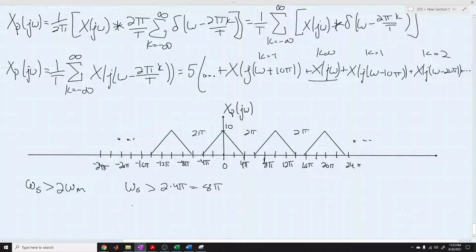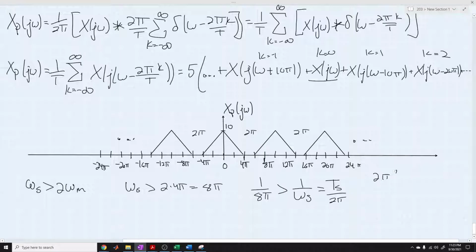Let's divide both sides by omega s and 8 pi. Then we get 1 over 8 pi has to be greater than 1 over omega s. Now, omega s is equal to 2 pi over Ts. Did I do that right?